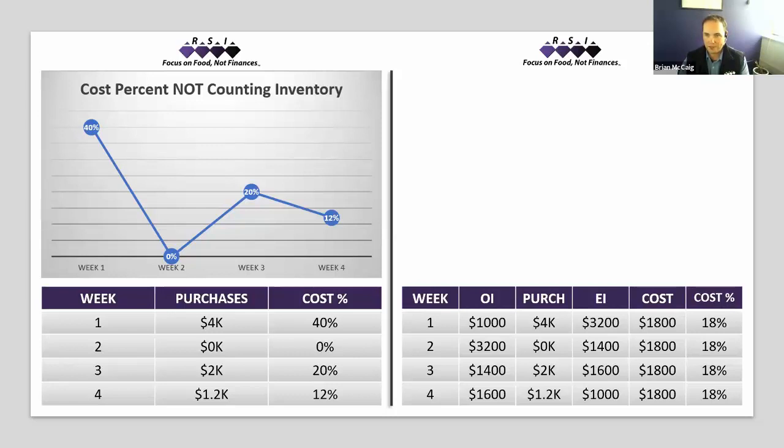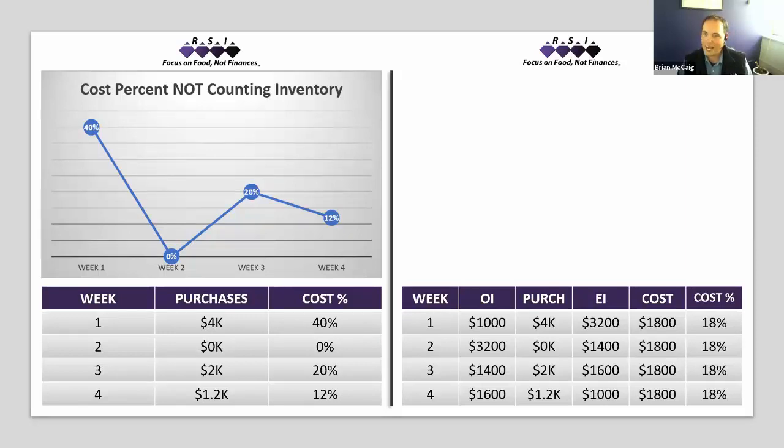OI stands for opening inventory. Week 4, my ending inventory after 4 weeks is still at $1,000. We actually went through all the product that we purchased. You'll see here in a second. And you can tell that because the inventory stayed exactly the same from week 1 to week 4.